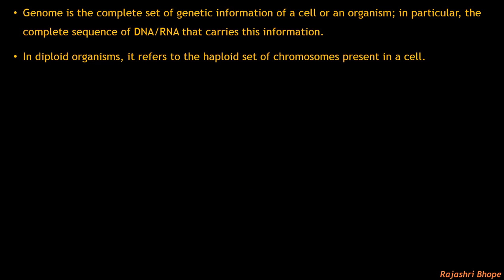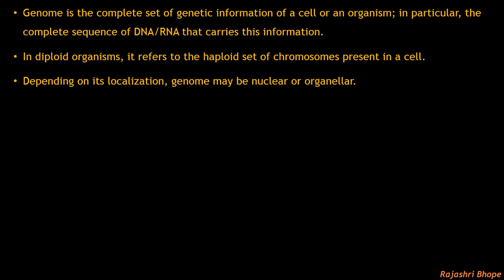Genome is the complete set of genetic information of a cell, in particular the complete sequence of DNA or RNA that carries this information. In a diploid organism, it refers to the haploid set of chromosomes present in a cell.